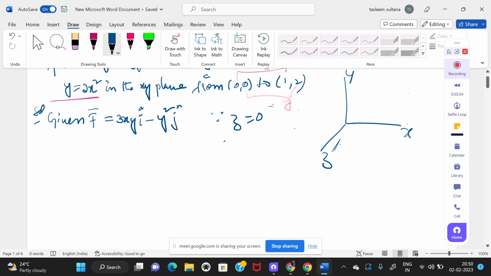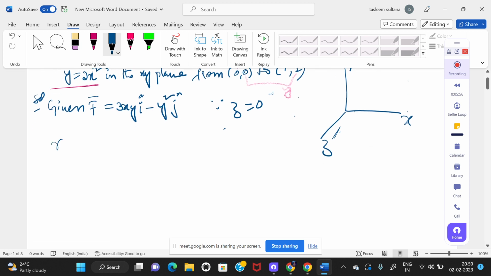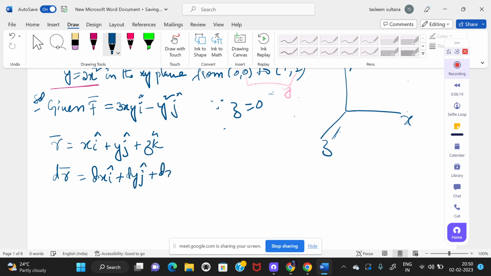R vector is equals to x i vector plus y j vector plus z k vector. Then if you differentiate, what you are going to get? Dr vector is equals to dx into i vector plus dy into j vector plus dz into k vector.